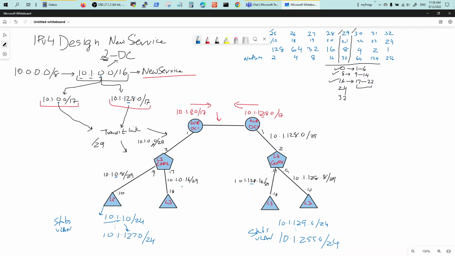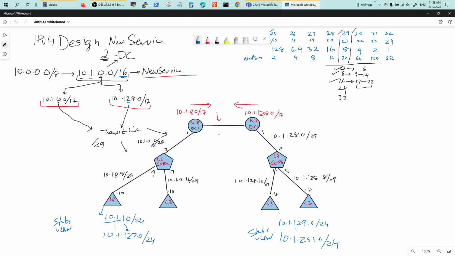So here's a simple example of taking a /16, splitting that up into two /17s, routing between them, and addressing their transit links and stub networks or VLANs.